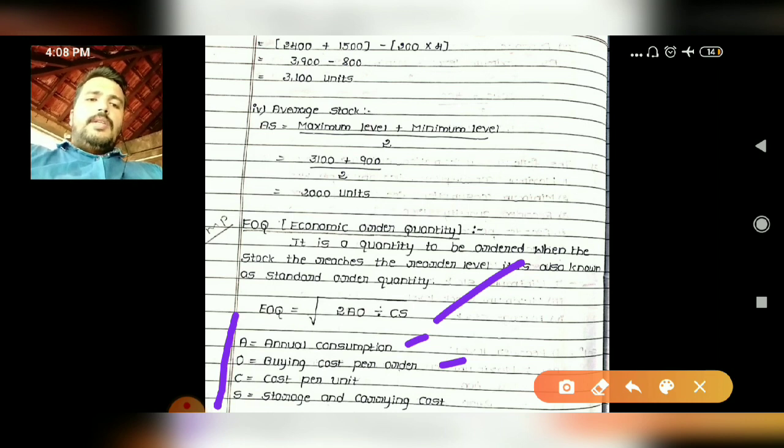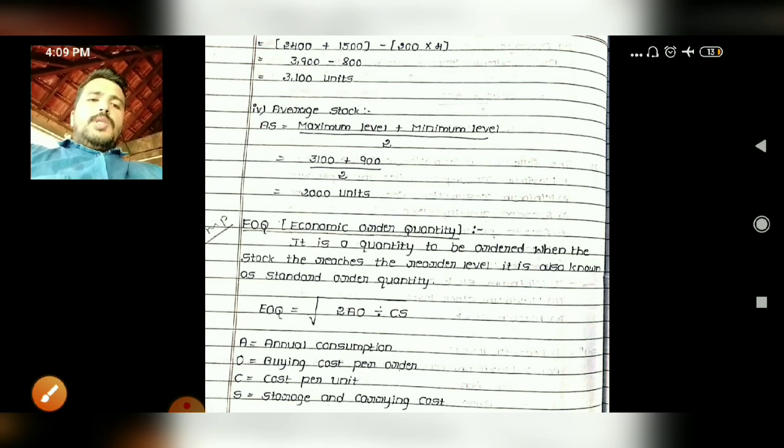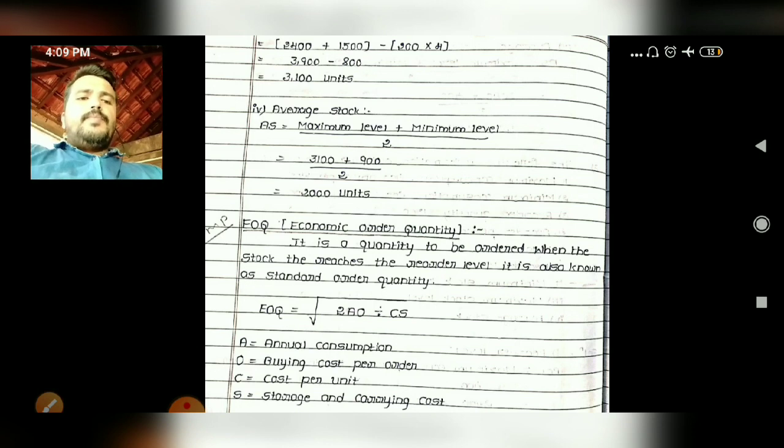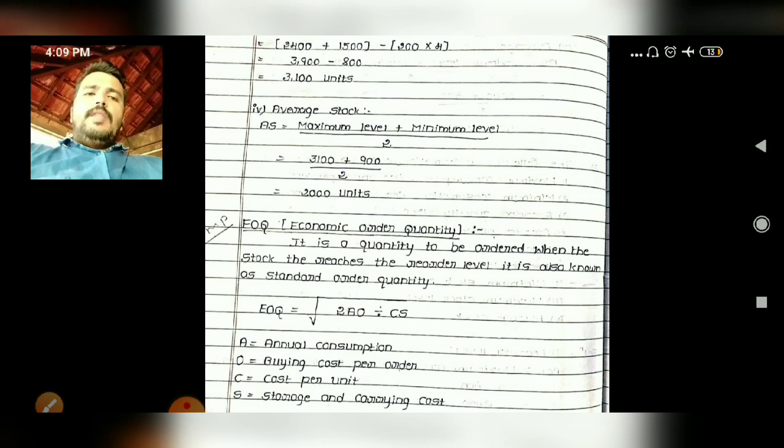That will be given. Then C, cost per unit, the total cost incurred per unit. Then S, storage or carrying cost, if any. Based on this, problems will be given, and one problem we can solve in the next classes.